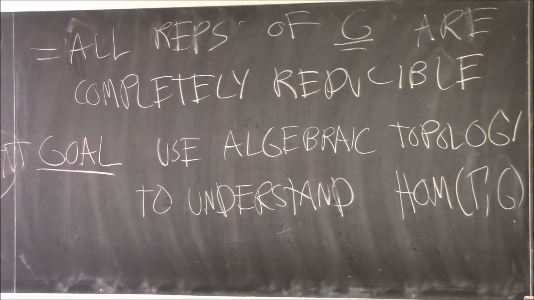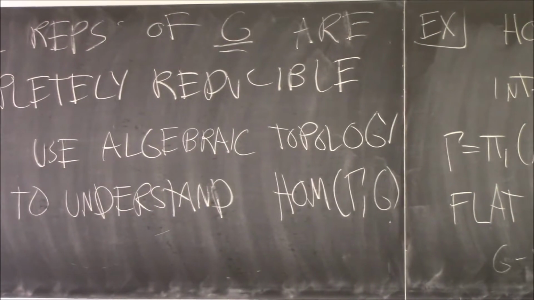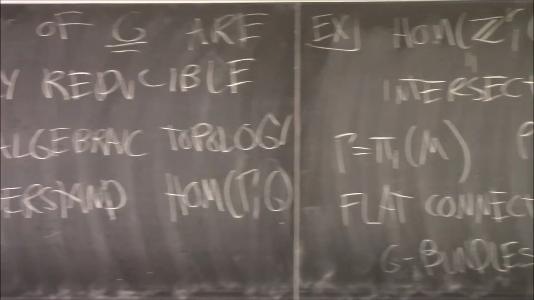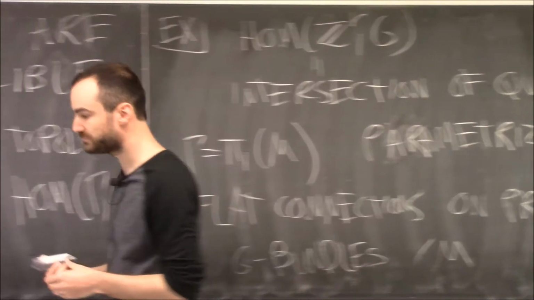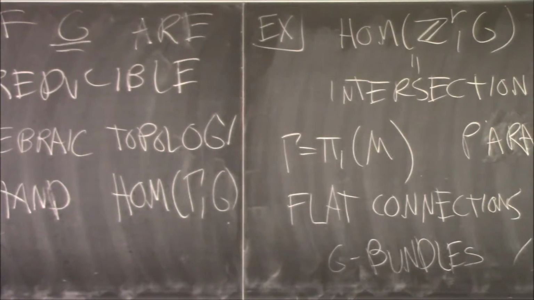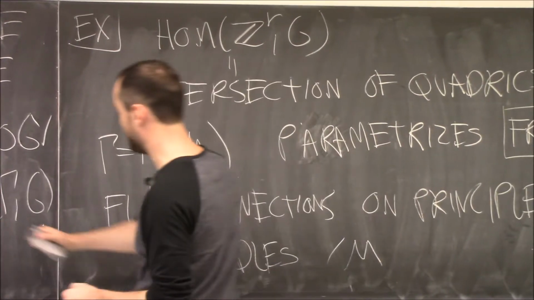So right off the bat, there's a little bit of a problem in that a lot of the techniques of algebraic topology work best when you have a compact space. And similarly, if you're thinking about these from a Lie theoretic point of view, whenever your target is a compact group, then you have things like the exponential map is always surjective, and that allows you to kind of use lots of techniques to get at this space.